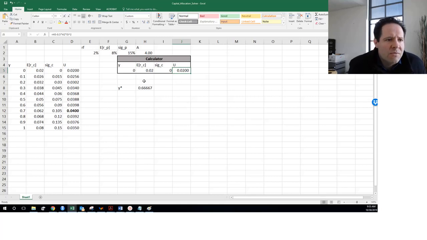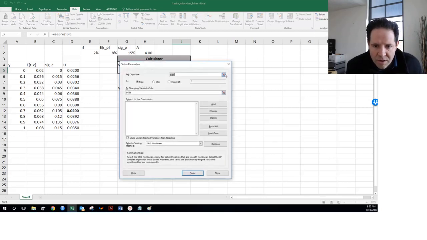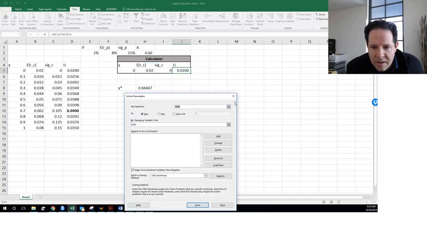Now, Excel has a really nice feature, which is that if you go over here to data, and if you have the solver add-in enabled, there's this thing called Excel Solver. What you can do is tell it, I'd like to maximize the value of this cell, J5. J5 is utility.